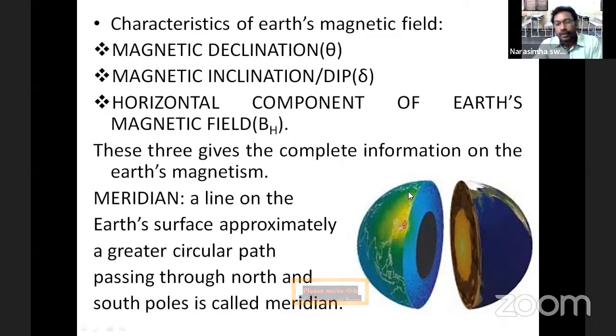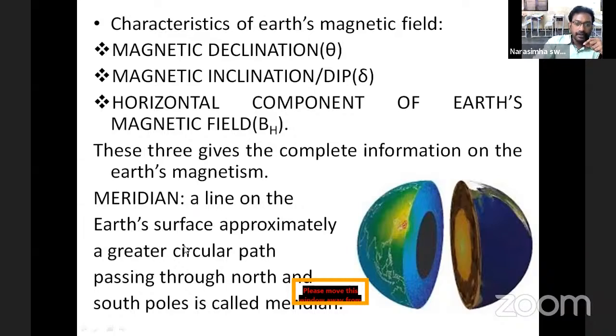Now, in the very beginning we discussed the magnetic axis and geometrical axis. If we make a cut like this, the Earth cut like this, then this surface is called the meridian. Look at this.